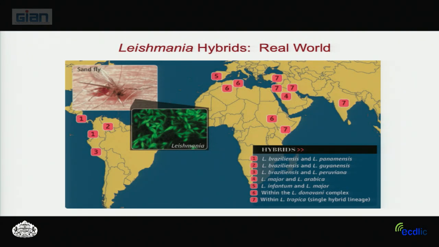And in India, Leishmania tropica, two different strains of tropica. And in this region, Leishmania donovani, hybridization between two different strains of L. tropica. So lots and lots of reports suggest that these parasites have the machinery for genetic exchange, and our own work in sandflies formally demonstrated that they do.